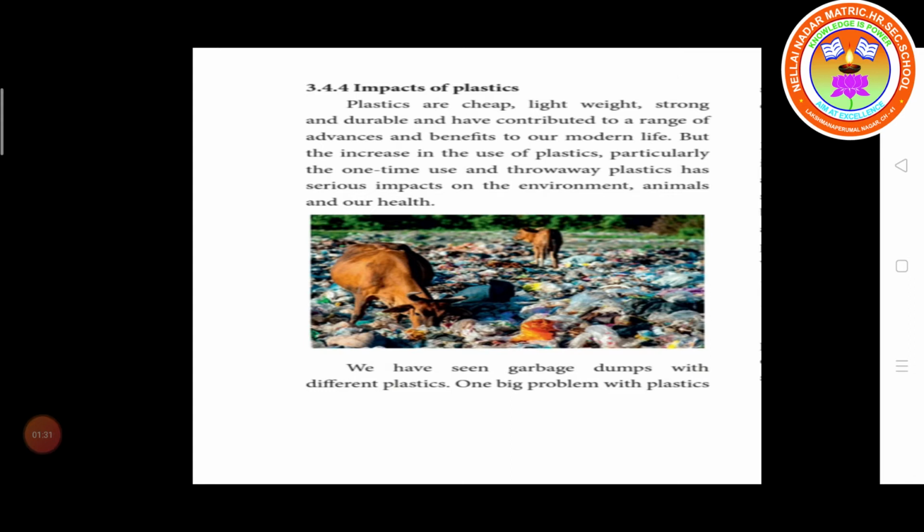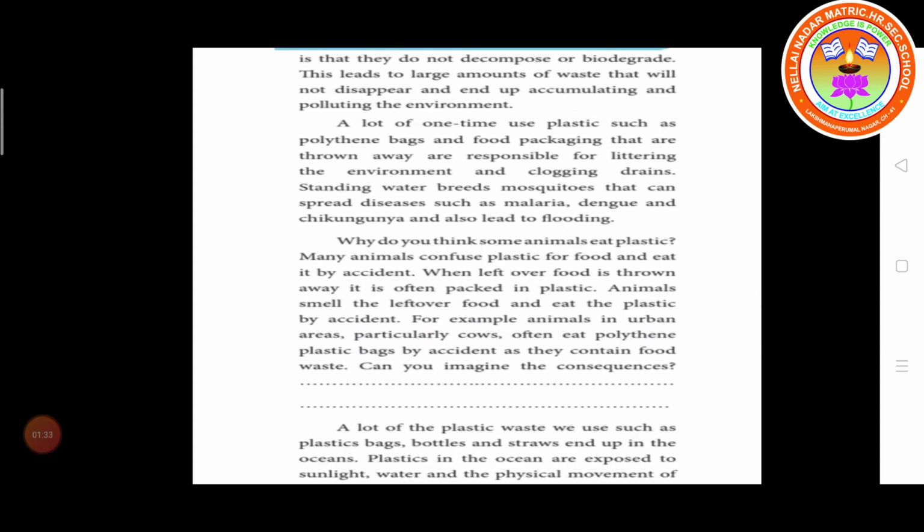One of the big problems with plastics is that they do not decompose or biodegrade. This leads to a large amount of waste that will not disappear and ends up accumulating and polluting the environment.